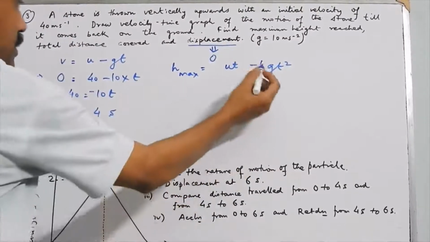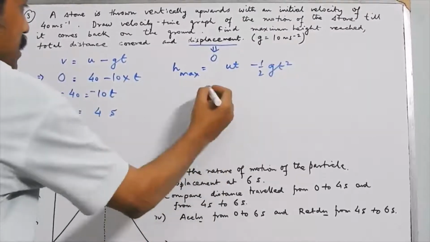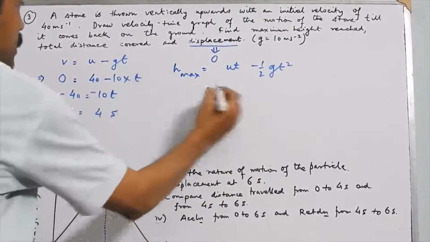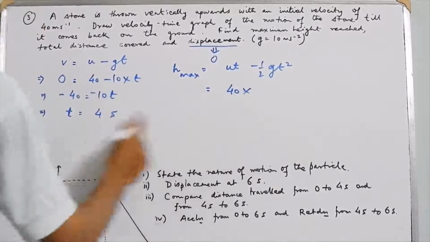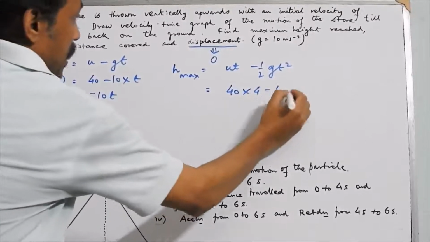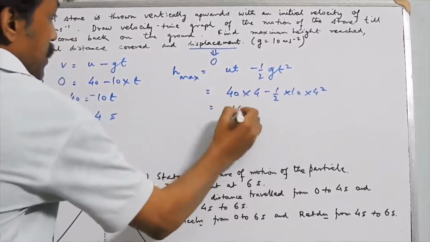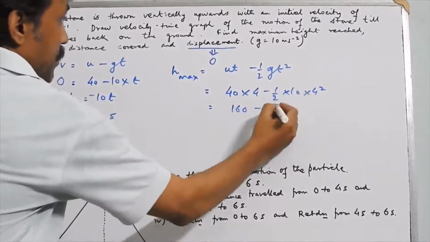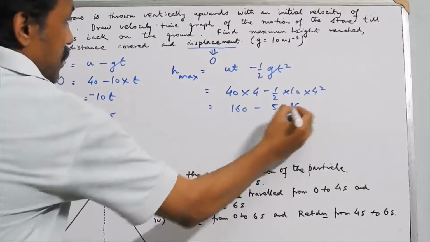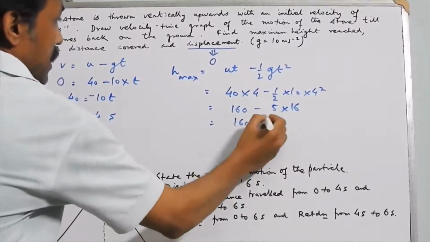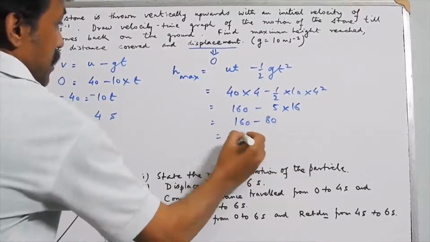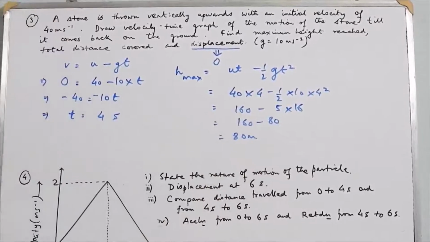So in place of g we will write minus g. So u means 40, time taken is 4, which we have calculated, minus half into 10 into 4 square, which gives 160 minus 5 into 16, that is 160 minus 80, that is 80 meter. So the maximum height achieved is 80 meter.